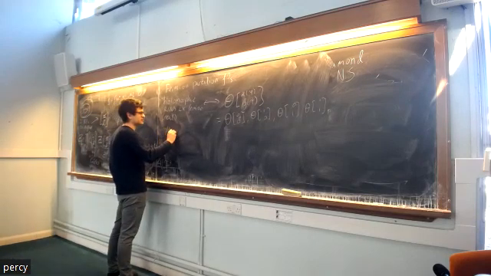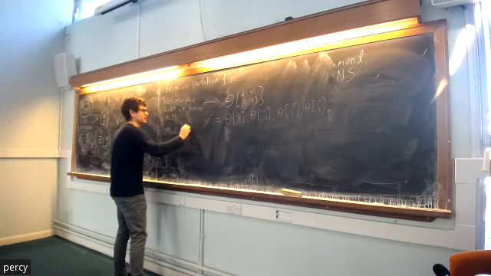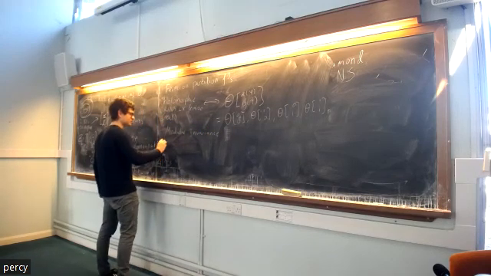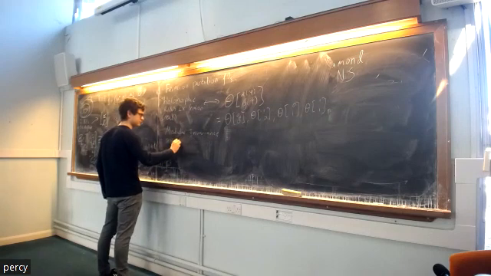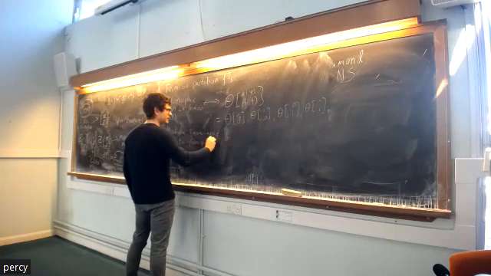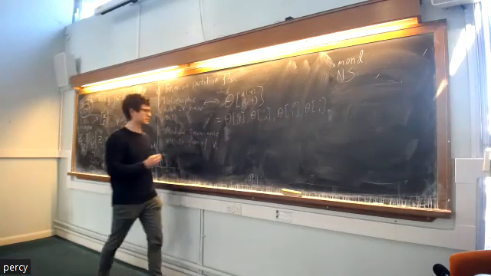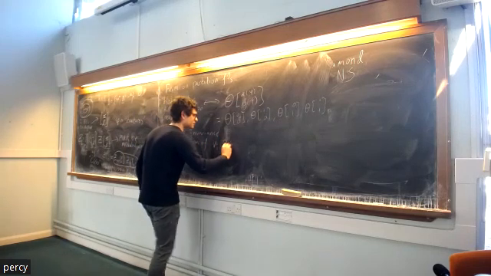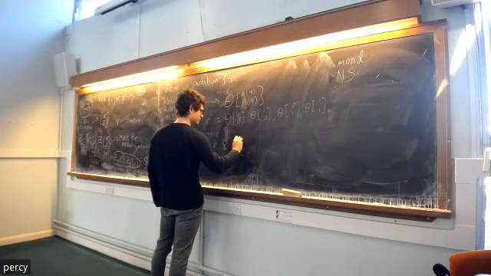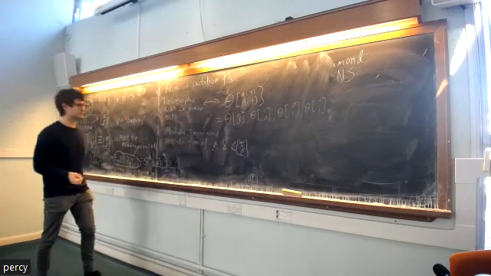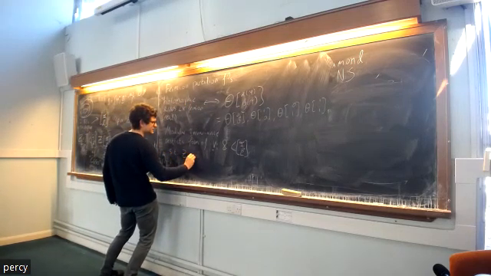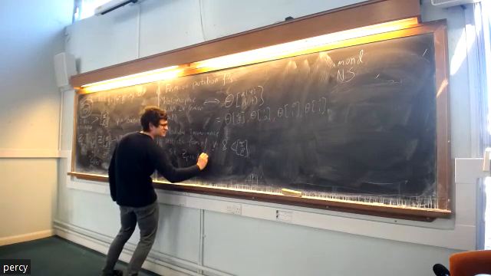So modular invariance restricts all of the VI, the basis vectors, and the alpha beta, in order to make sure that ZF is modular invariant.